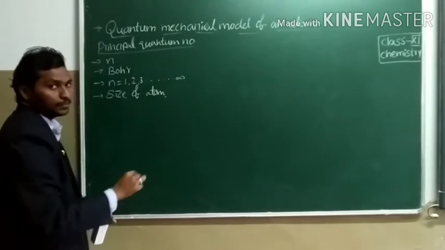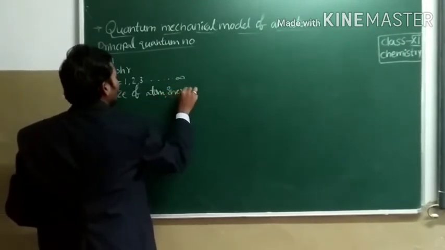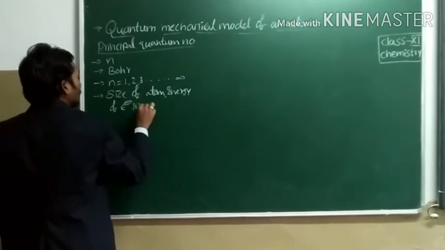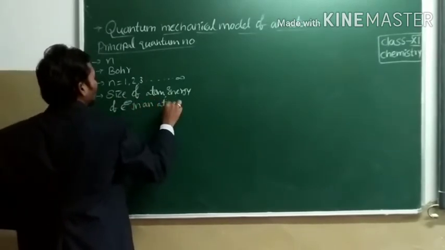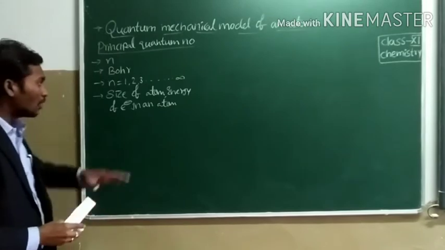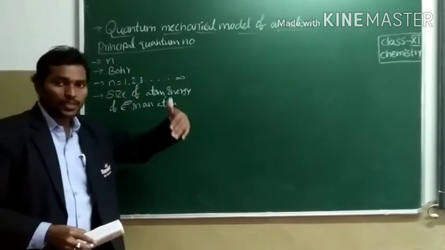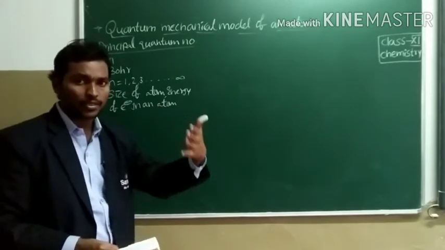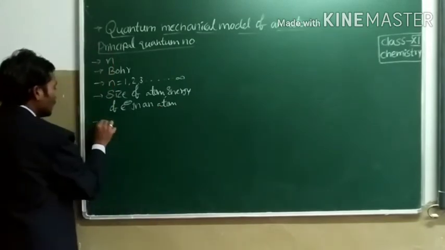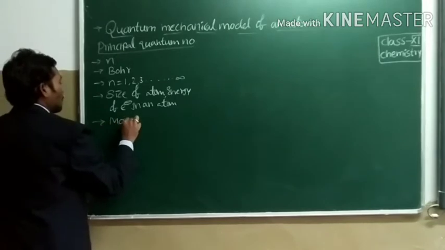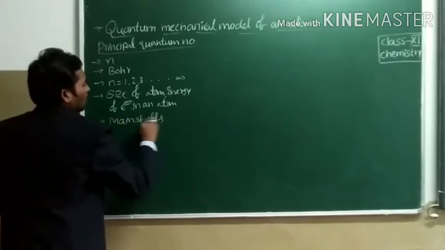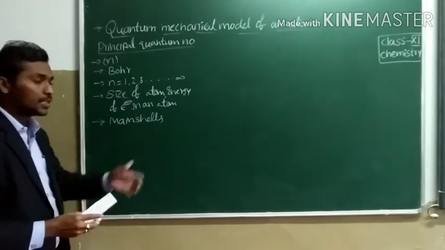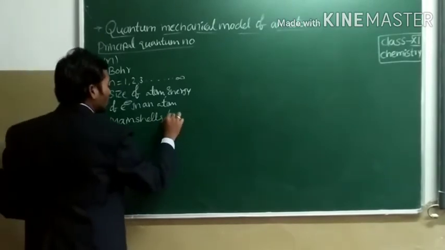Because principal quantum number tells about principal energy levels or principal energy shells, also called main shells. Principal quantum number small n tells about main shells or principal shells.